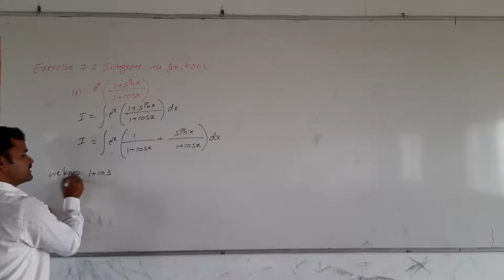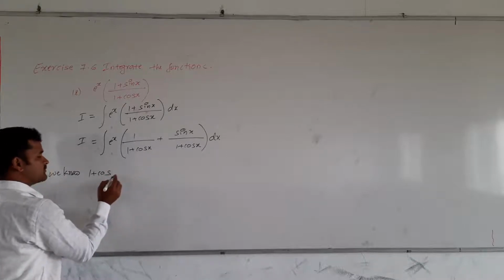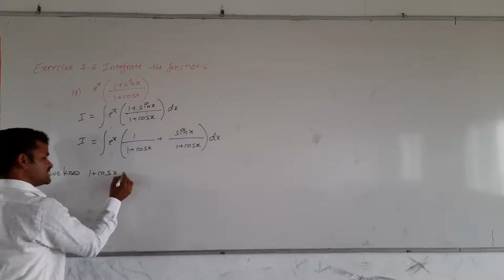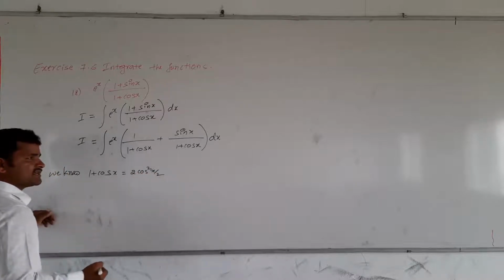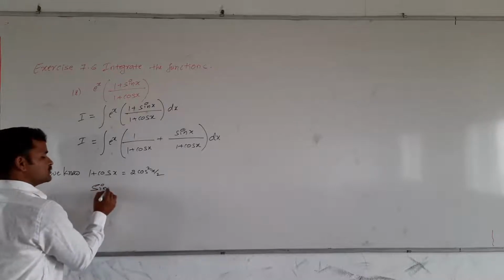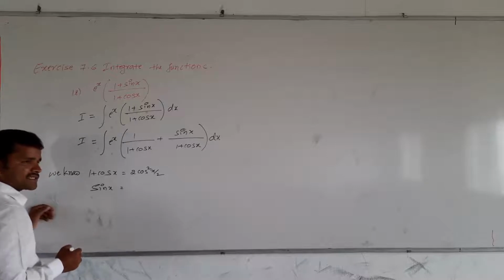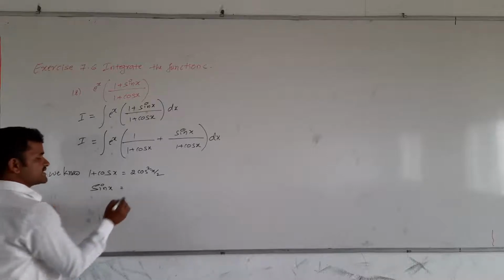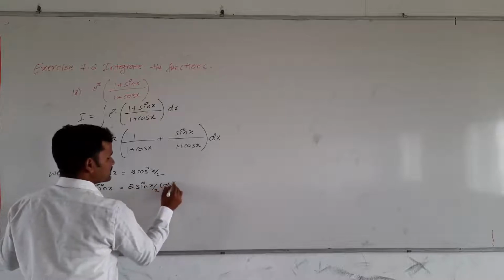We know 1 plus cos 2 theta is equal to 2 cos square theta. In the same way, 1 plus cos x is equal to 2 times cos square x by 2, the half angle formula. And then what about sin x? We know sin 2 theta is equal to 2 sin theta into cos theta. In the same way, sin x is 2 times sin x by 2 into cos x by 2.